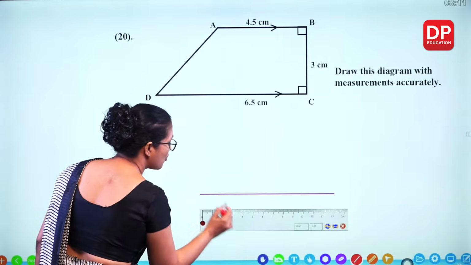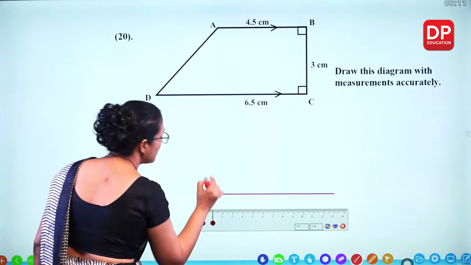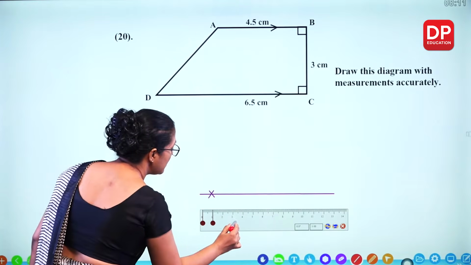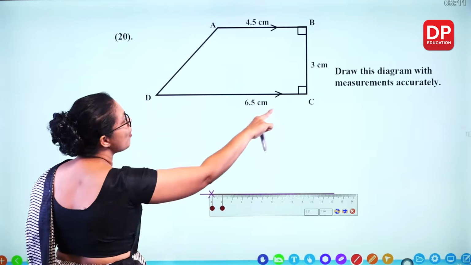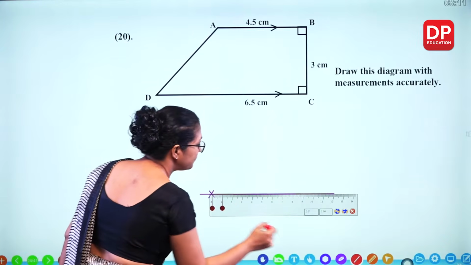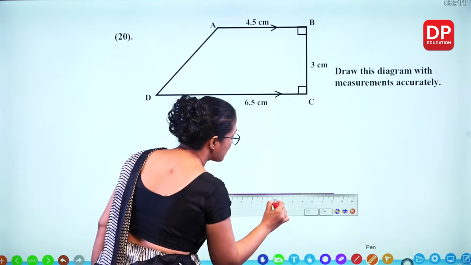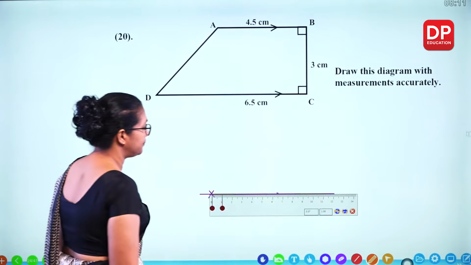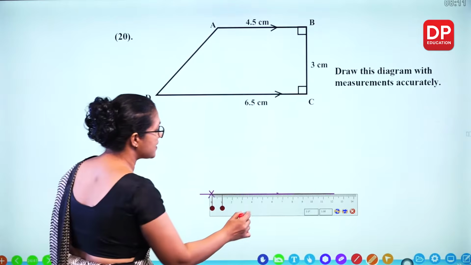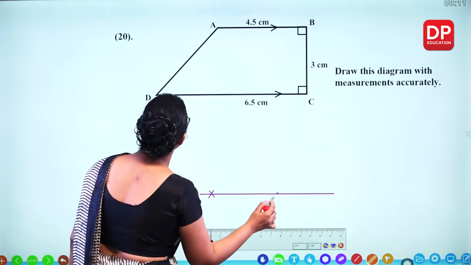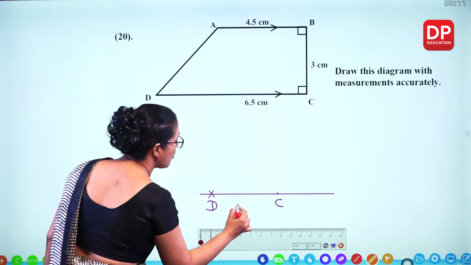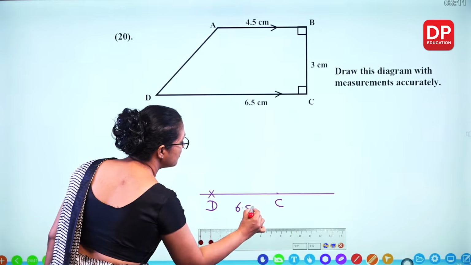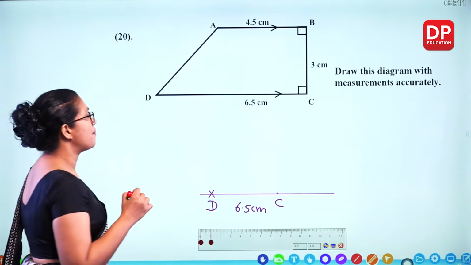And first you can mark a point, that's point D, and measure 6.5 centimeter length. 6.5 here. That's point C. This is D, this is C. 6.5 centimeters. That's the first step.